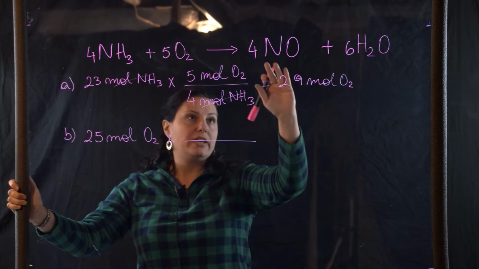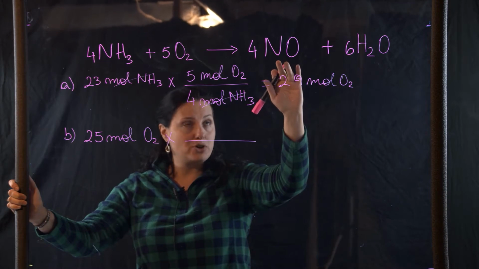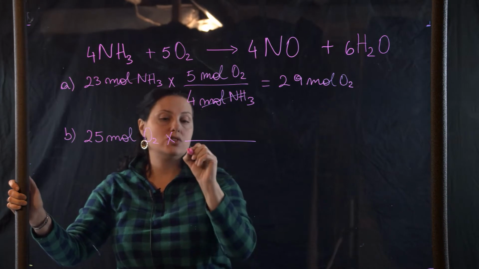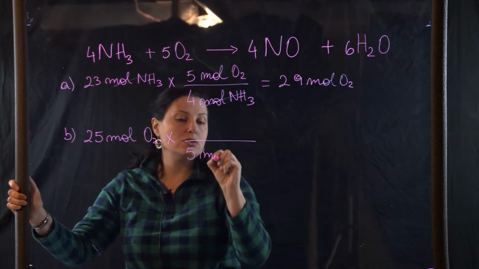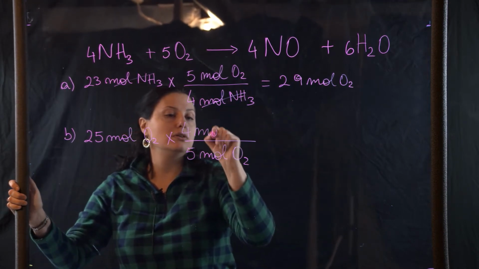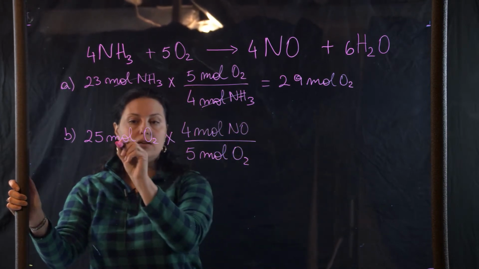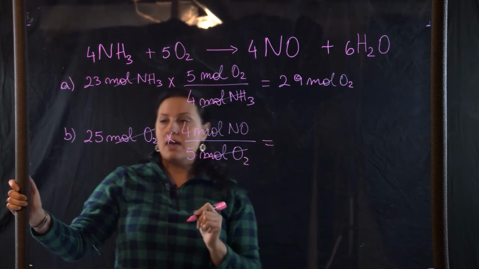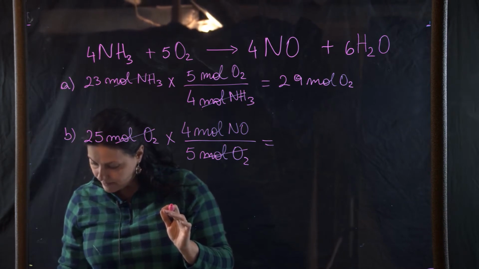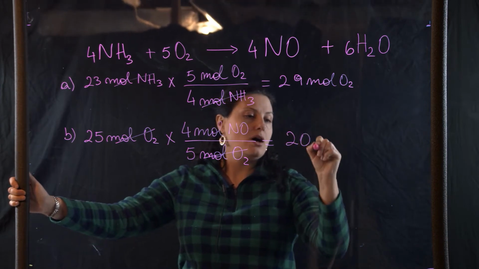I know from this reaction that for every 4 moles of nitrogen monoxide that is produced, I use up 5 moles of oxygen. I want the moles of oxygen on the bottom, so I will write 5 moles of oxygen are used up for every 4 moles of nitrogen monoxide that are being made. My moles will cancel, and if I do this math correctly, I get 20 moles of nitrogen monoxide.